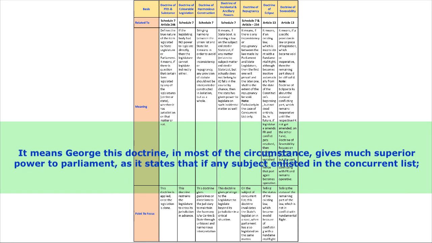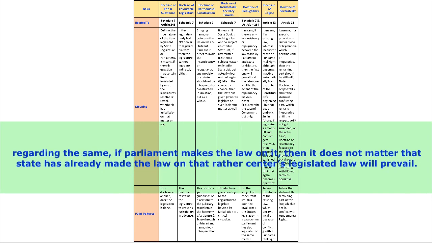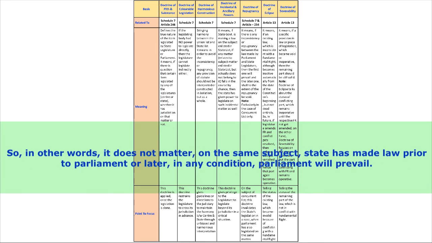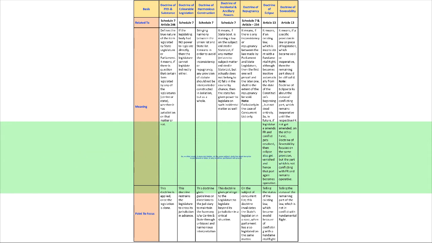It means, George, this doctrine, in most circumstances, gives much superior power to Parliament, as it states that if any subject is enlisted in the concurrent list and Parliament makes the law on it, then it does not matter that the state has already made the law on that; rather the center's law will prevail. So, in other words, it does not matter whether the state made the law prior to Parliament or later, in any condition, Parliament will prevail.